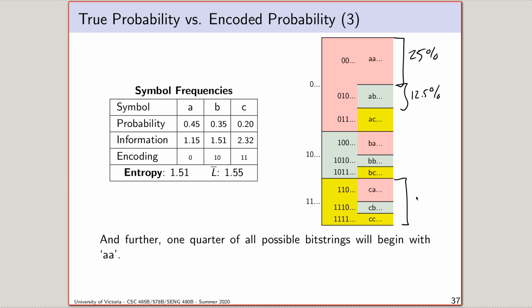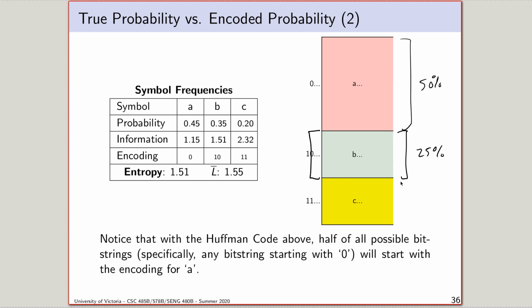Down here we have 25% of encodings begin with C, and I maybe leave myself enough space, 6.25% are CC. Now the issue I mentioned before, I think C is overrepresented. C gets 25% of the real estate here, but it only actually deserves 20% of it.